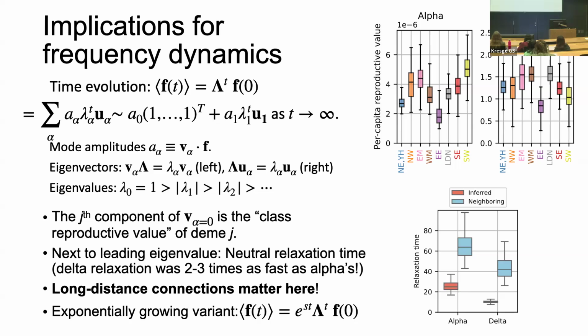About the first eigenvalue, there's something else to say, namely, even though the right eigenvector is boring, all ones, the left eigenvector is interesting. Namely, that tells you something about the reproductive value. It tells you what contribution a given deme will have to the expected long-term mixed population. And that's then represented here.